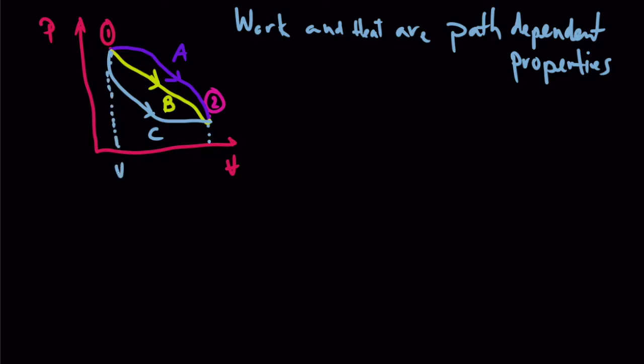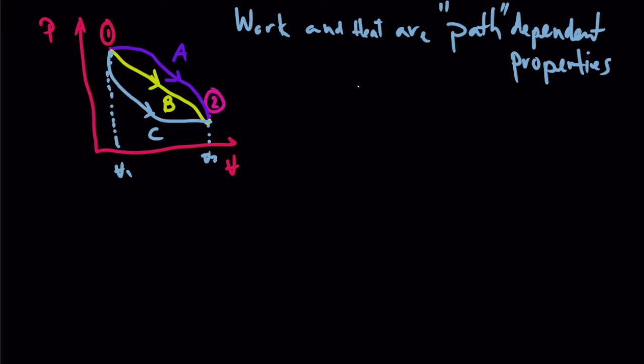So this would be V1 and V2. Look at the area under curve C. Isn't that much smaller than the area under curve A? It's much smaller, right? So the work, which is the area under each individual curve, is different, and it's basically path dependent. I'll explain later the difference between path dependent attributes like work and heat, and things that are not path dependent like pressure.